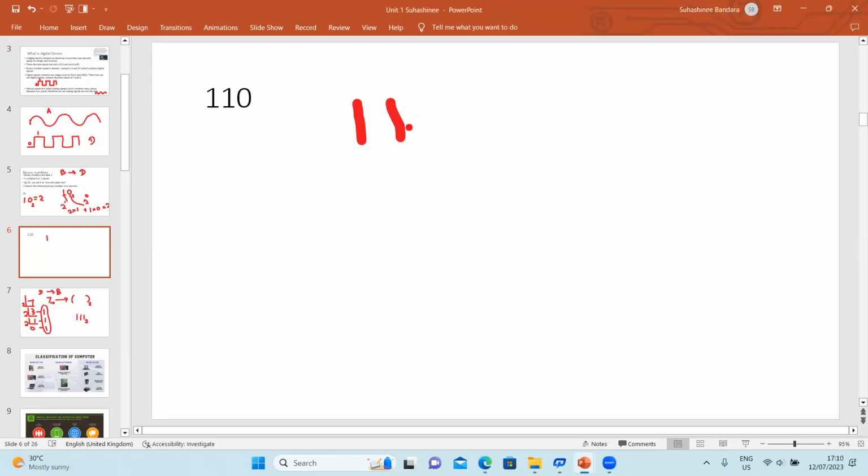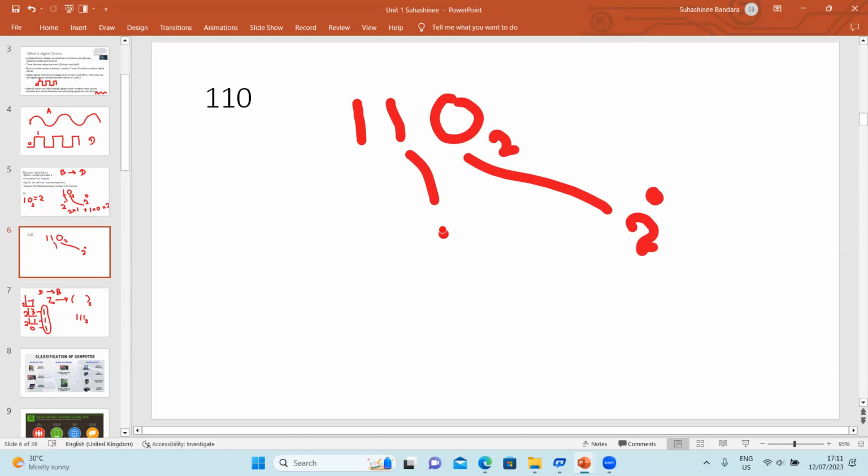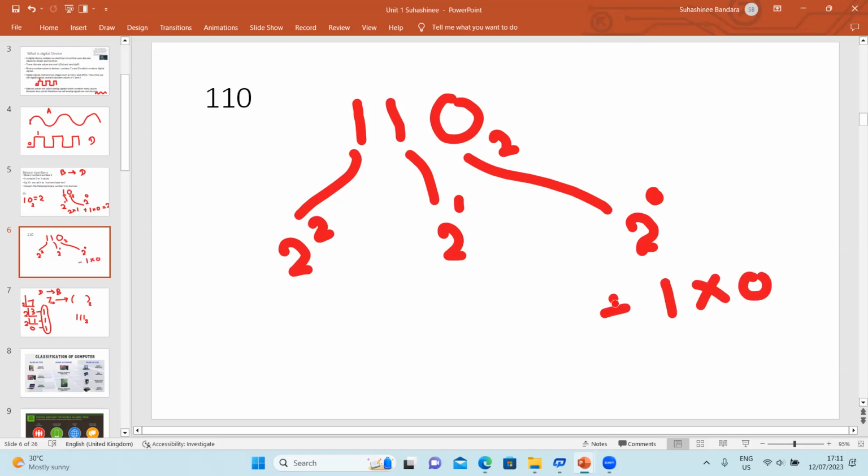Now we are going to convert binary 110 into decimal. So when we simplify it, take the 2 to the power 0 here, this is 2 to the power 1, 2 to the power 2. 2 to the power 0 means 1. 1 is going to be multiplied by 0, plus 2 to the power 1 means 2, 2 multiplied by 1.